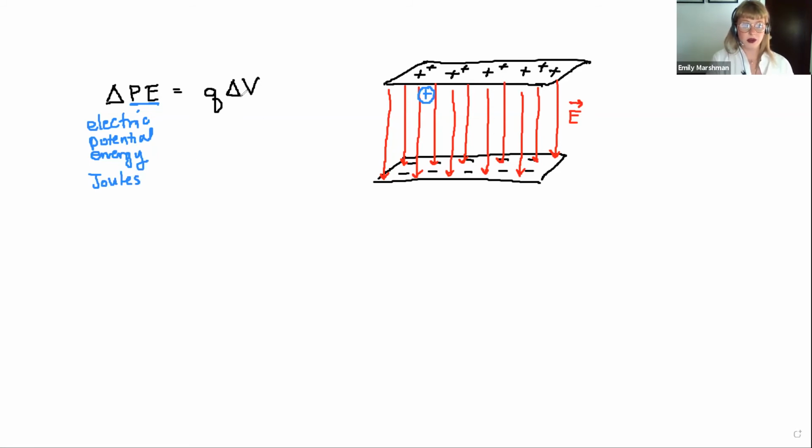What I have on the right-hand side is this delta V. This means a change in electric potential. It's different than electric potential energy, even though they sound almost exactly the same. Delta V is the change in the electric potential.